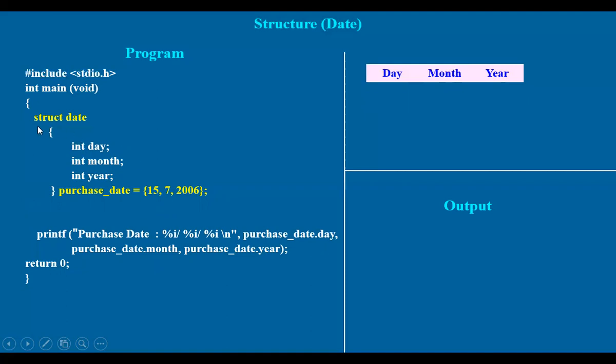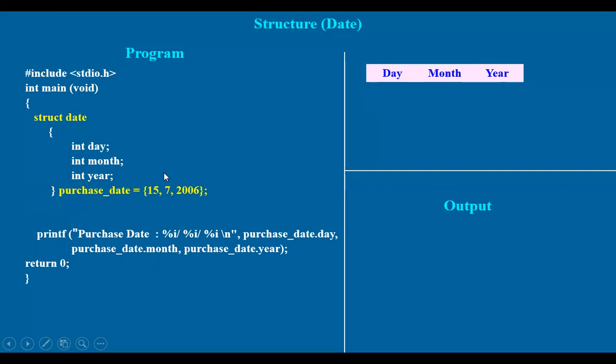You need not even repeat struct date after the completion of this statement. After the curly brackets, if you just mention the variable name, here in this case purchase date, and it is equal to the initialization data.